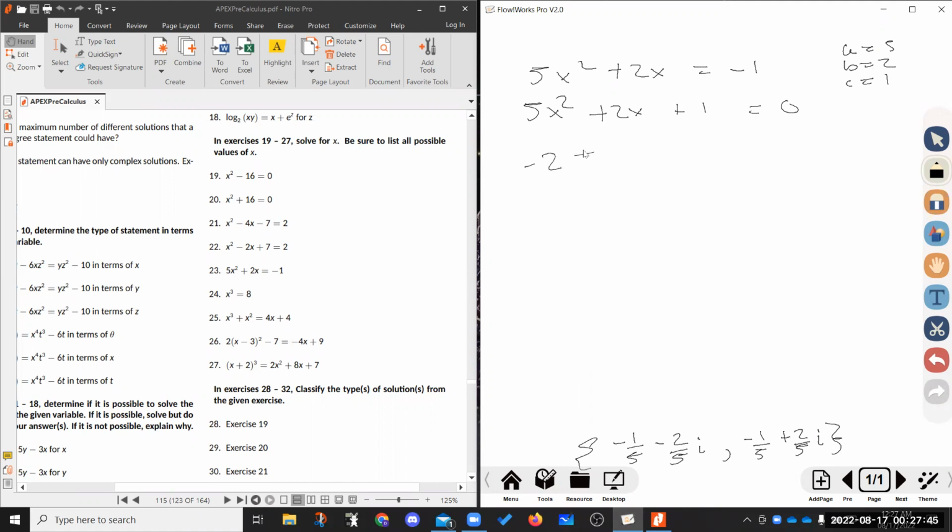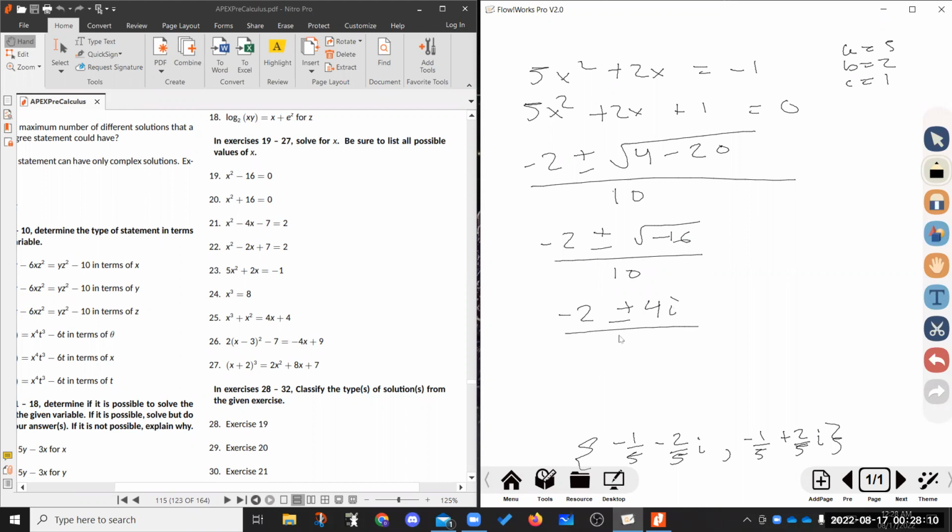Negative B plus or minus the square root of B squared minus 4AC, all over 2a, is... those are all even numbers.